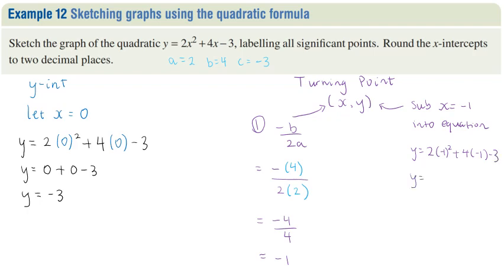So negative 1 squared is negative 1 times negative 1, which is positive 1. So it's 2 times 1, which is 2. And then 4 times negative 1 is negative 4, minus 3. So 2 minus 4 is negative 2, minus 3 is negative 5. So therefore, our turning point is at coordinates negative 1, negative 5.